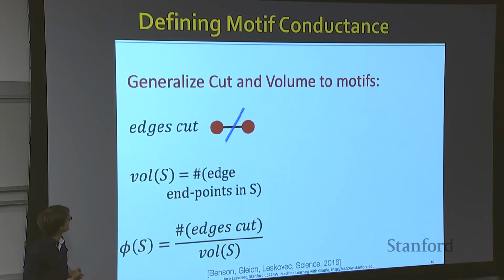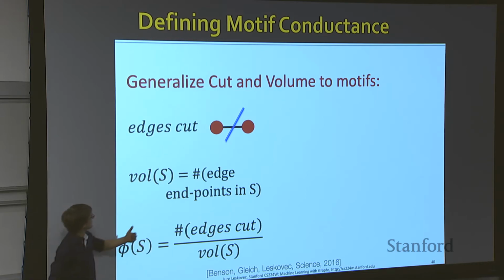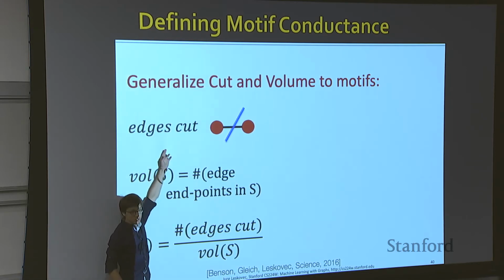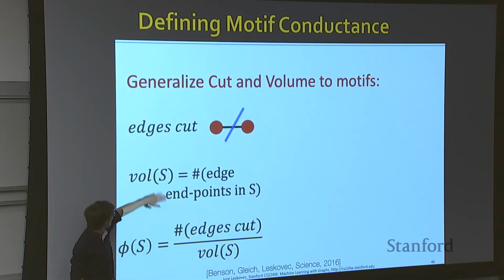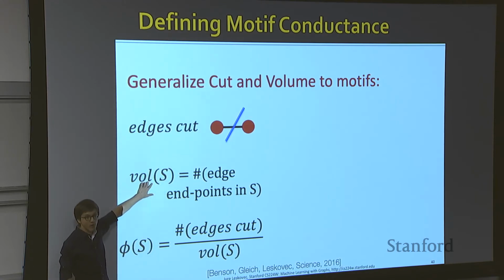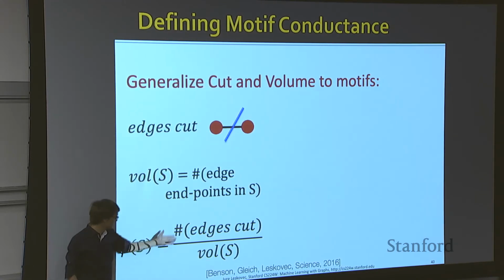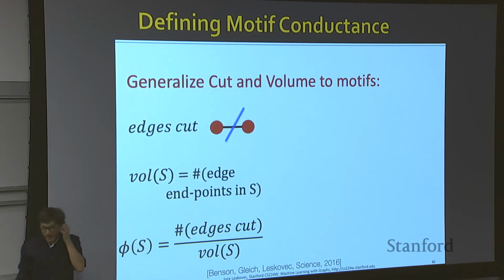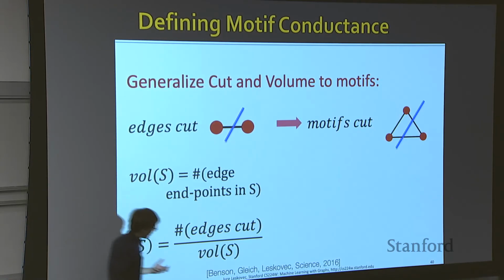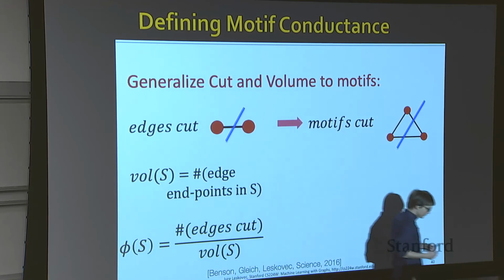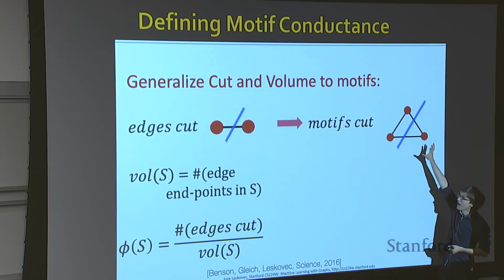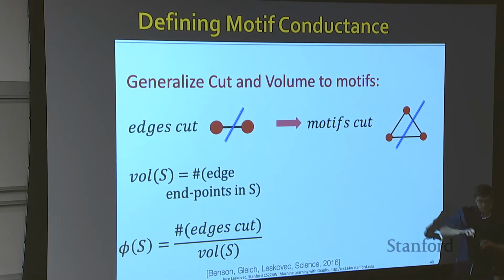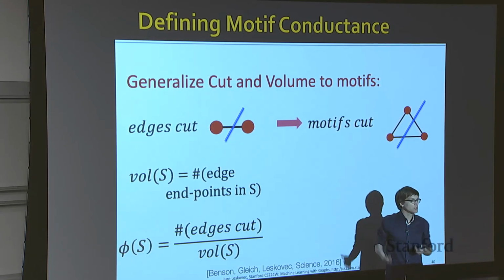So what's the idea? What we did so far, we defined the notion of the number of edges cut, we defined the notion of the volume, and then we said conductance is the number of edges cut divided by volume. Okay? So now let's see what if we want to extend these definitions to motifs, right? If I care about finding clusters of motifs, then the question is, do I cut the motif or not?